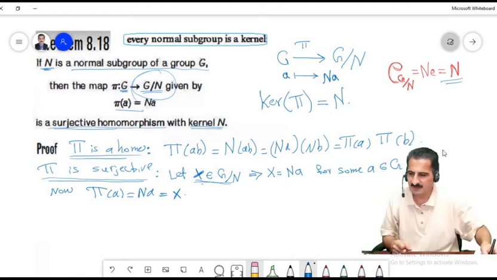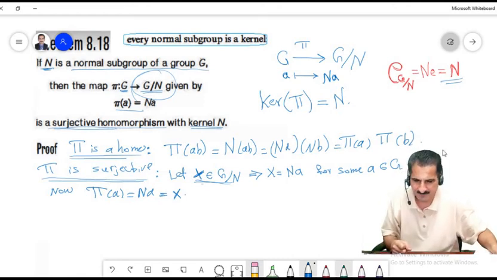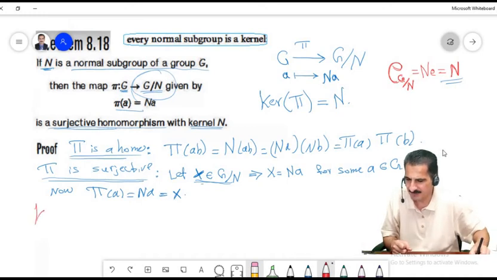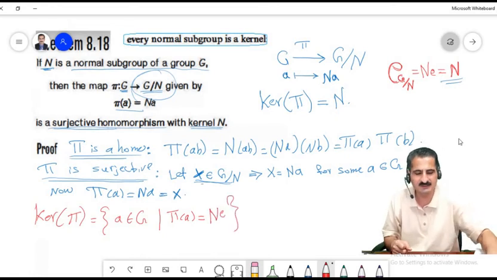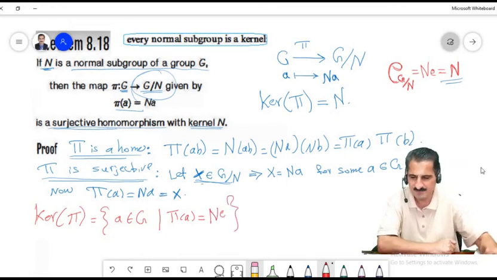Okay, now what about the kernel? Let me do this in red. What is the kernel of π? According to the definition, the kernel of π is the elements inside the group G such that π of that element is the identity. What is the identity? It is eN. So what does this equal?